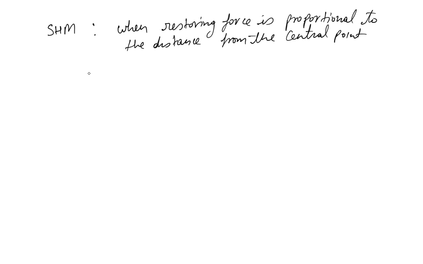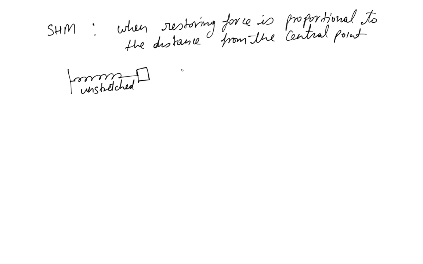For example, we have a spring mass system, and let's say this is where it rests. This is the unstretched position. The spring is unstretched.